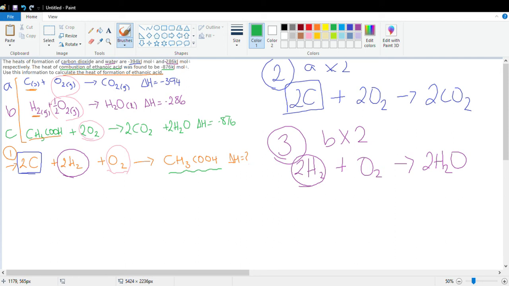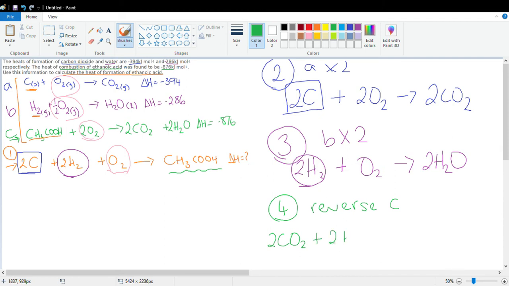In equation C, ethanoic acid is on the left hand side. So that means I'm going to have to flip my equation around. At the moment C here is the forward reaction, and for step 4 I'm going to have to reverse equation C. What that means is I simply start on the other side, so what were my reactants now become my products.